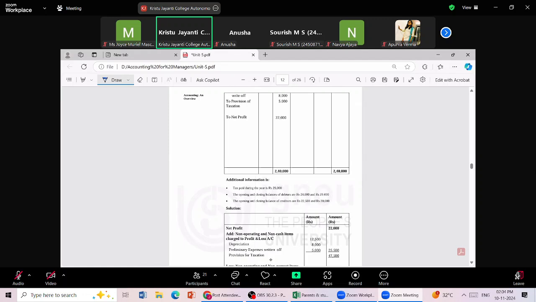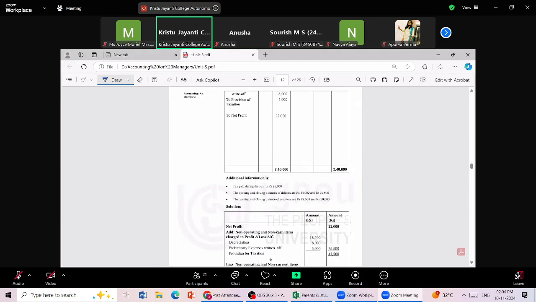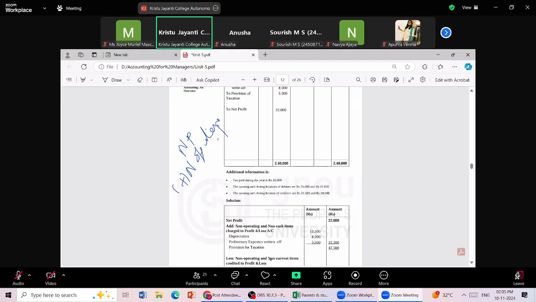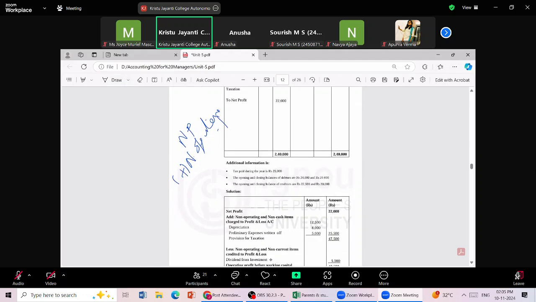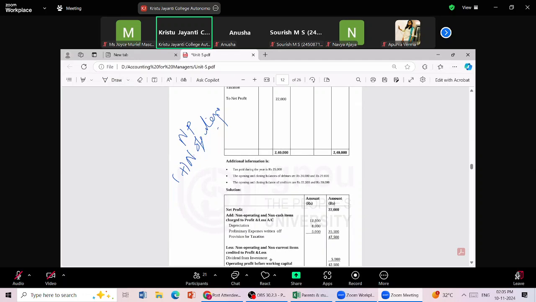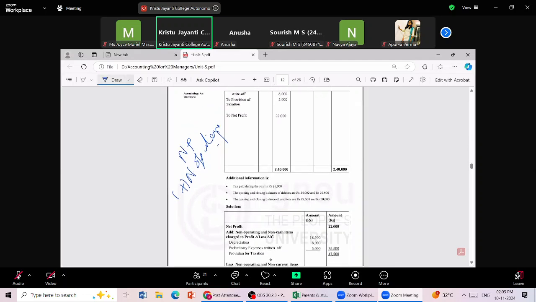So now this is indirect method. So what is the format under indirect method? In your net profit, when there is a net profit, you will add all your non-operating items which are debited, and you minus all non-operating income which is being credited.